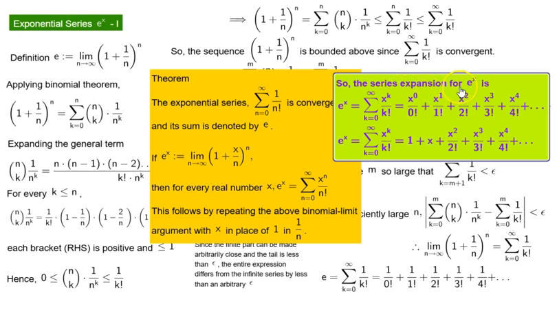So the series expansion for e to the power of x is x to the power of 0 by 0 factorial plus x to the power of 1 by 1 factorial plus x square by 2 factorial and so on, which can be simplified to 1 plus x plus x square by 2 factorial plus x cube by 3 factorial and so on. That was the exponential series e to the power of x.